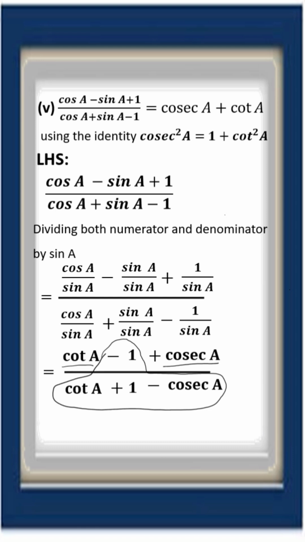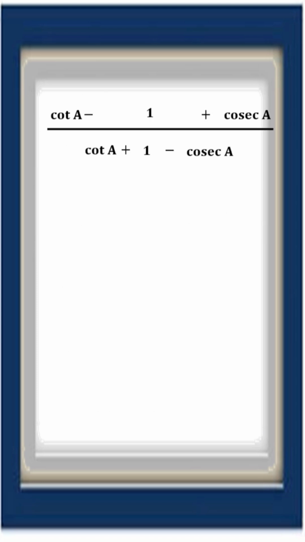They have given us a clue that we can use the identity cosec square A is equal to 1 plus cot square A. So instead of 1, we can use cosec square A minus cot square A. Now let us replace 1 in the numerator with cosecant square A minus cot square A.